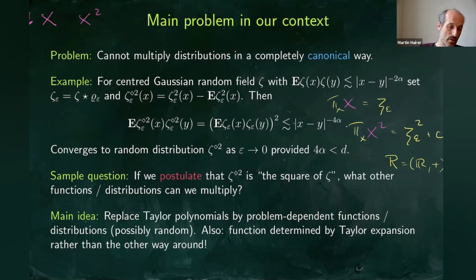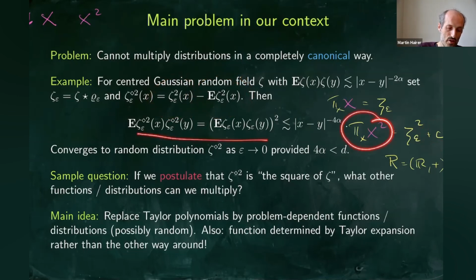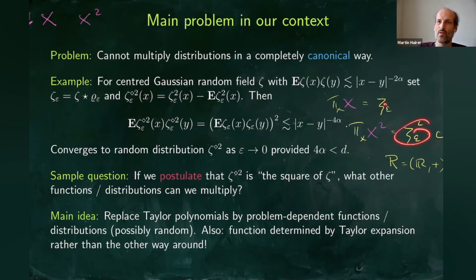And so in this example, we see that if we now choose this constant to be minus the expectation of zeta epsilon squared, then this actually converges to a limit. But if we don't choose it in that way, if we just mollify and take the square, then it doesn't converge to a limit.